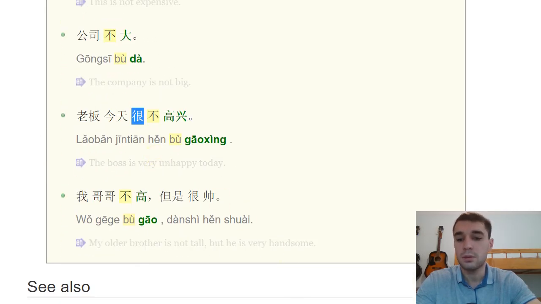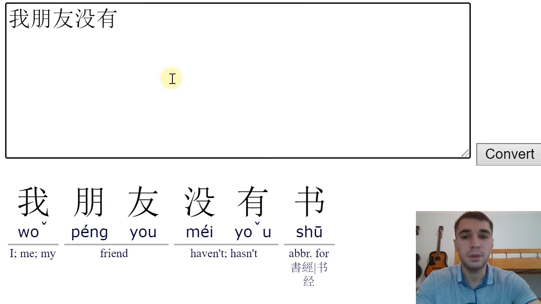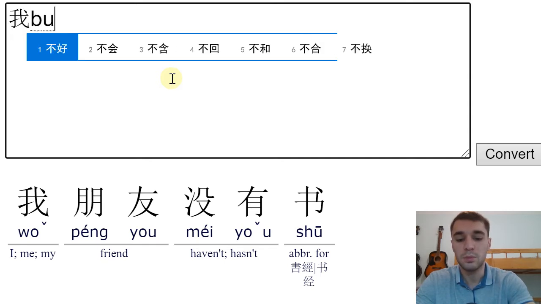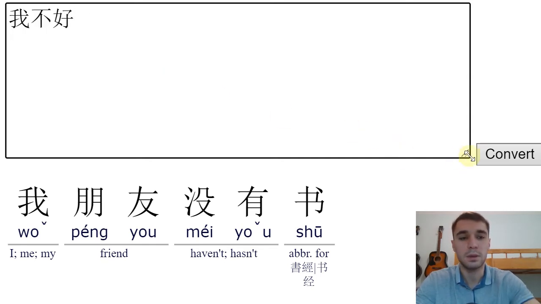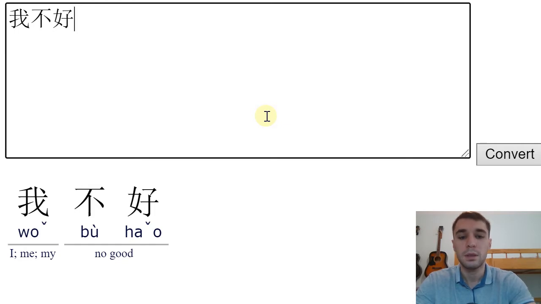Can you say for me some examples? For example, I'm not good. 我不好, I'm not good. Let's say, I'm not handsome, right?